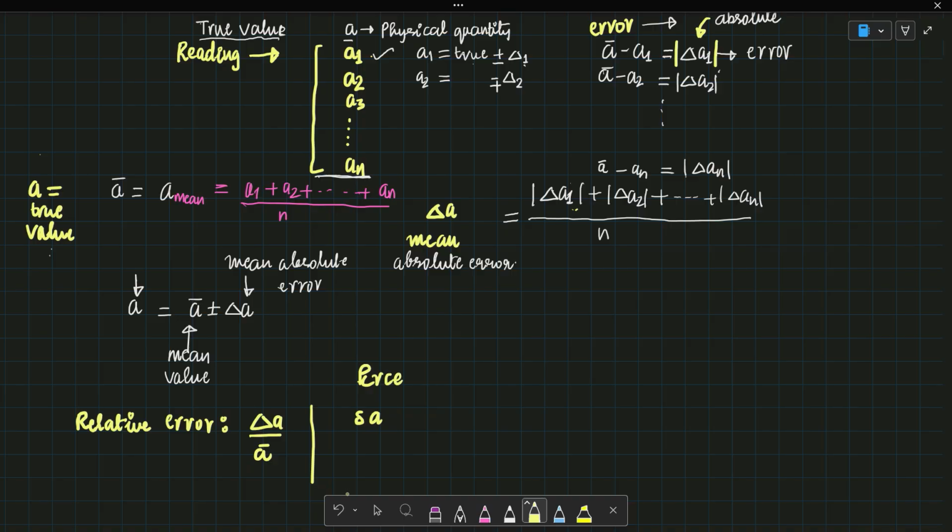We have calculated relative error by the formula mean absolute error divided by mean value, and if we express this relative error in terms of percentage, then this is called percentage error, and the formula for this is mean absolute error divided by mean value into 100.